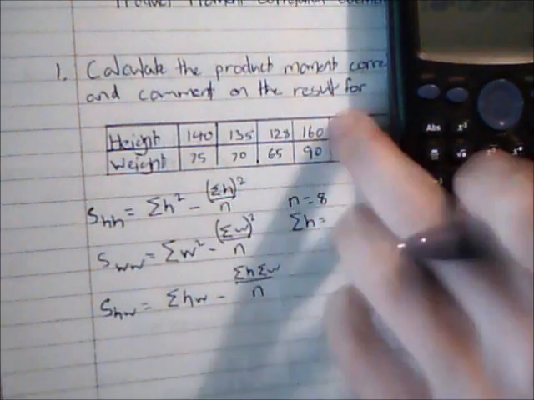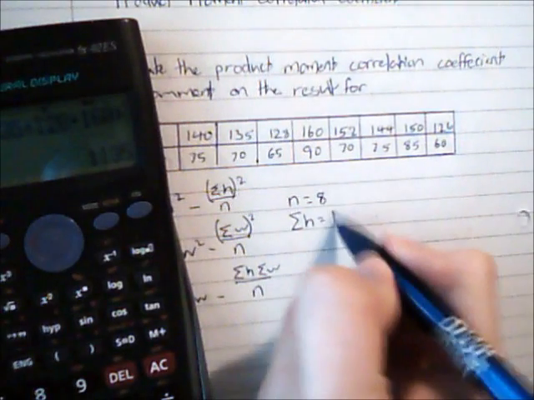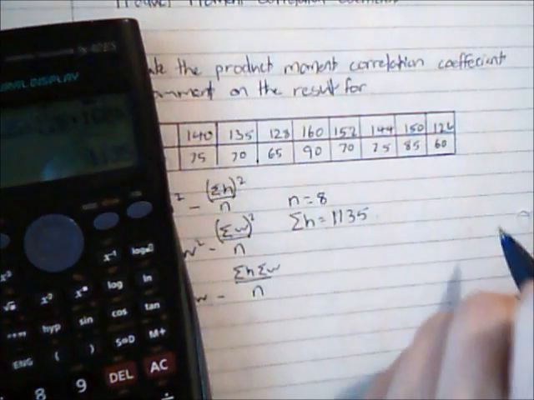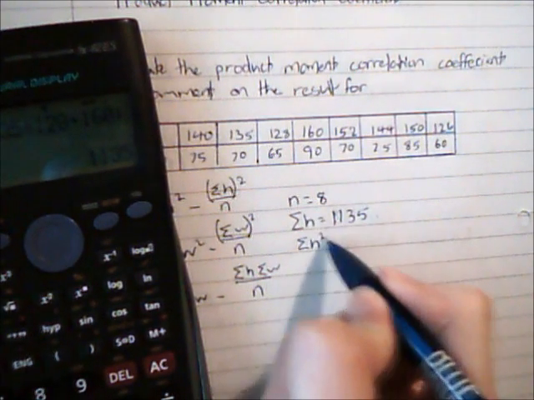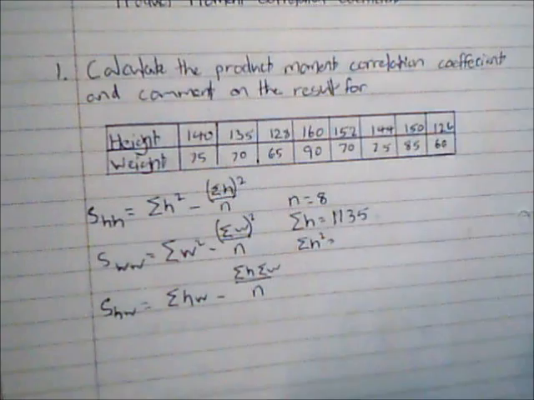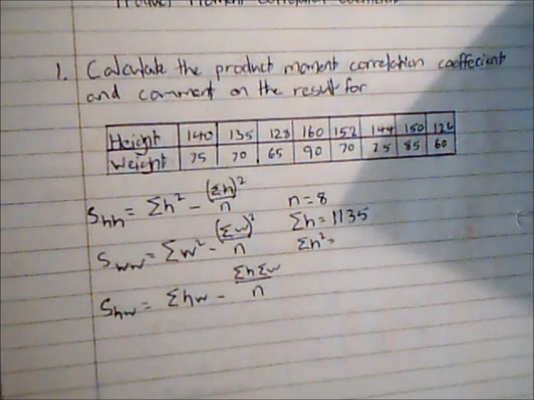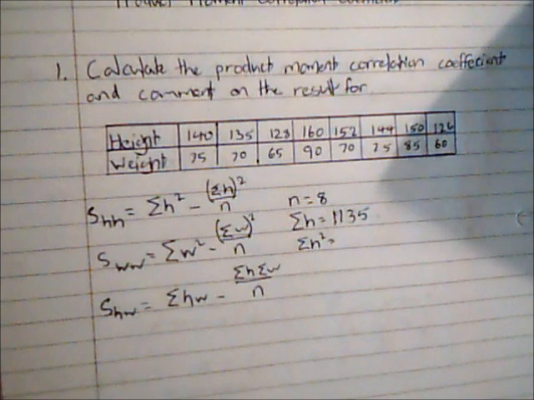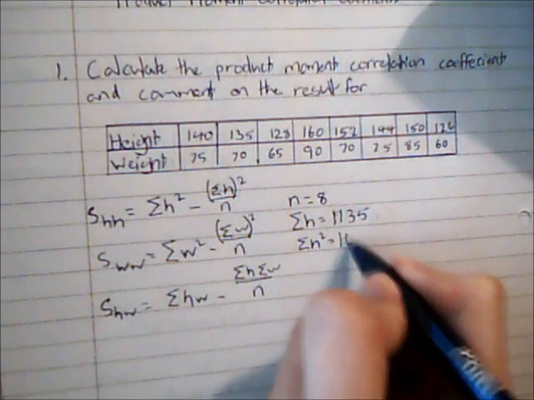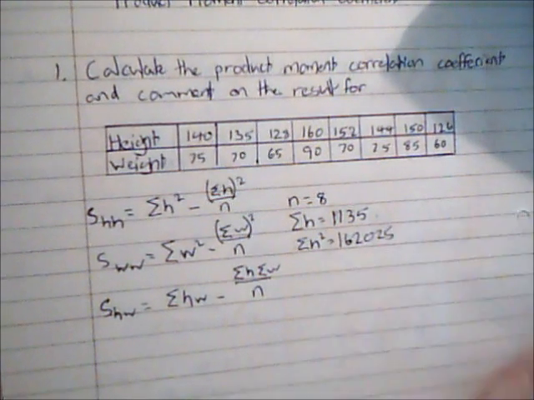Okay, so I've got 1135 there. I need sigma H squared, so that's all those values I just used but squared. And that gives me 162,025.